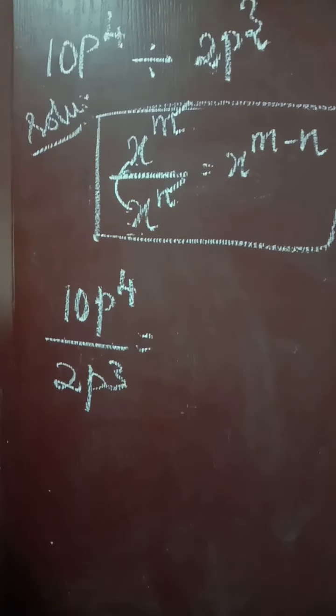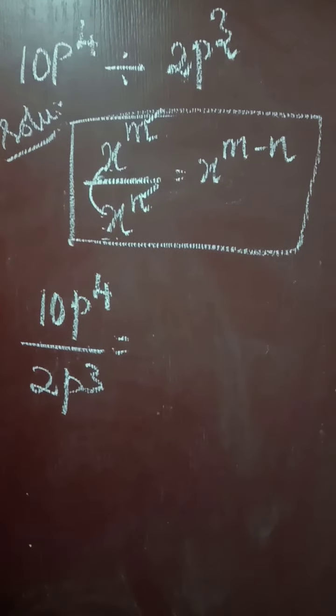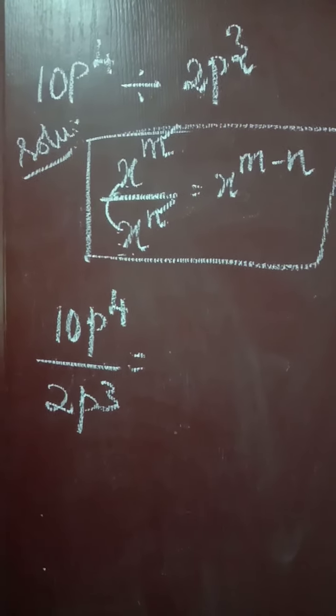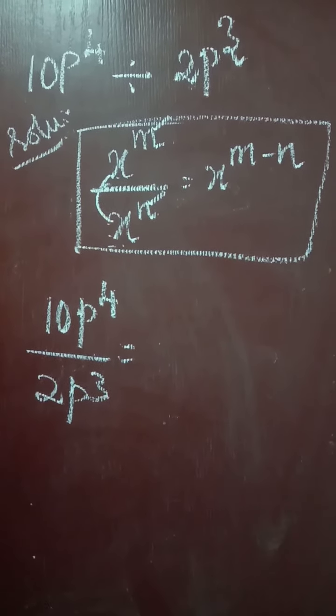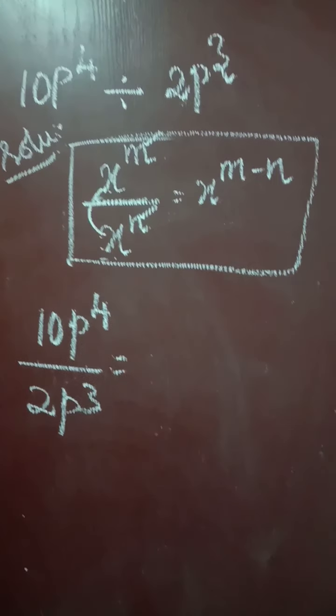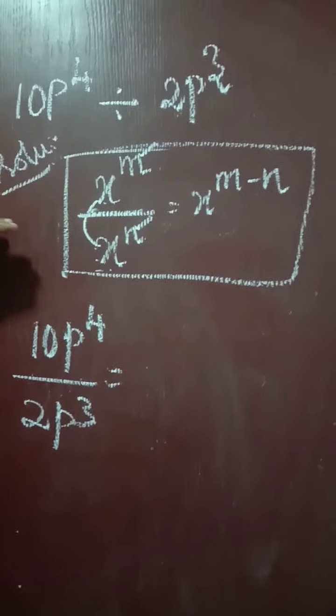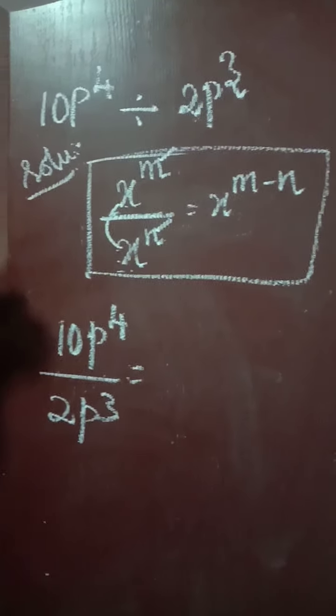This is called the law of exponent. Last class we applied a power m into a power n is equal to a power m plus n. In multiplication we add the powers, in division we subtract the powers.